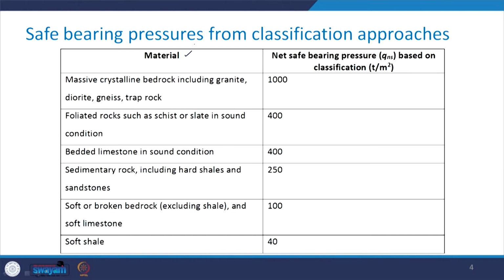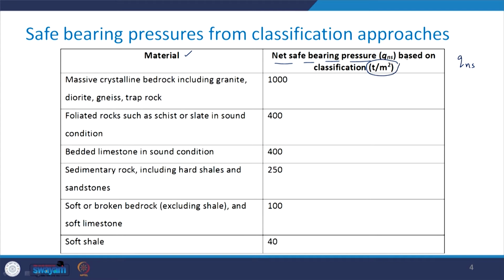The table here shows various materials and the corresponding values of net safe bearing pressure, represented as QNS, given in ton per meter square.